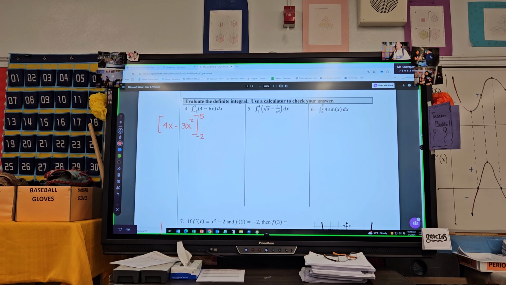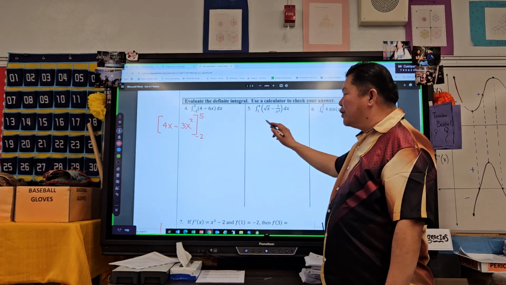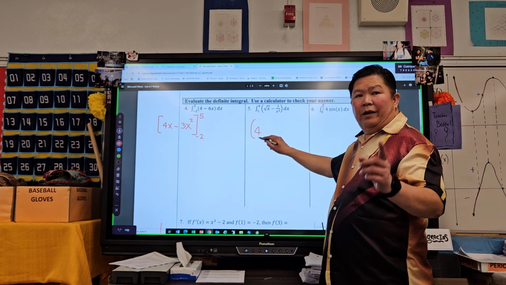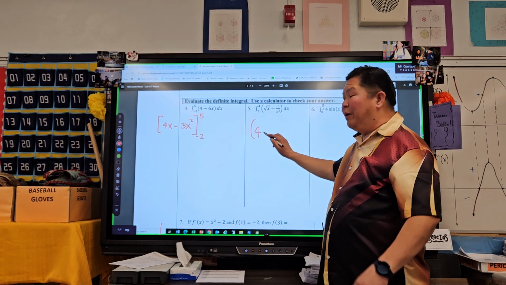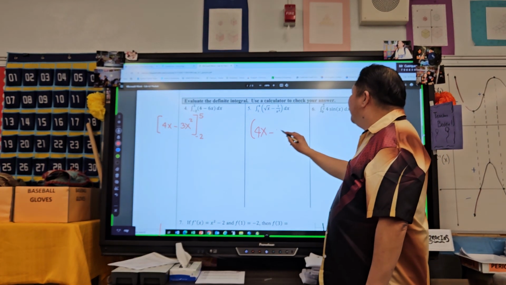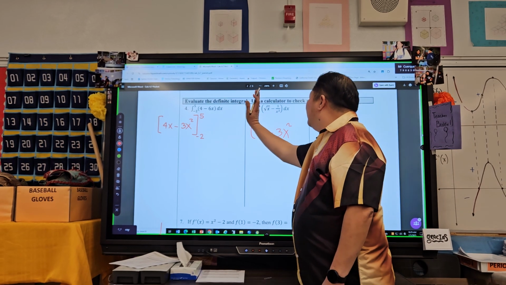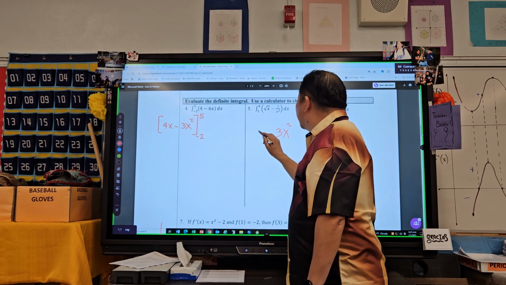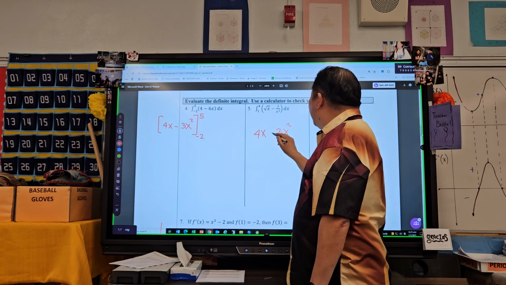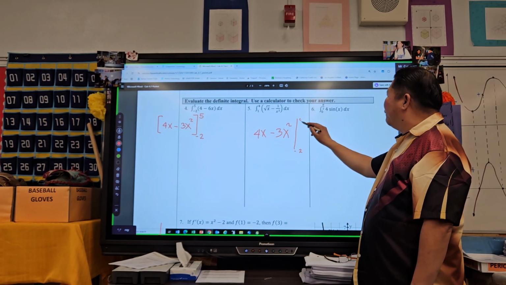But some authors just write it this way: 4x and then 3x squared, and then they put from negative 2 to 5.